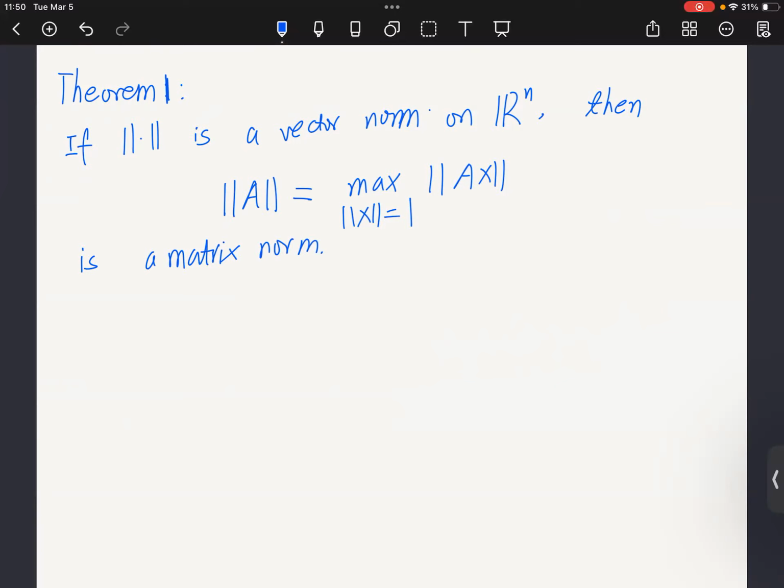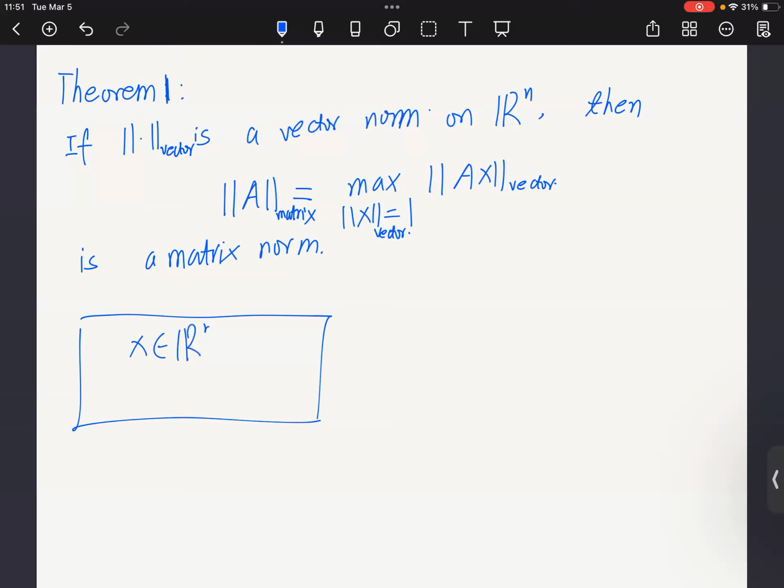So here there are 2 norms. This is the vector norm, and this is the matrix norm defined here. And this is still a vector norm, and this is still a vector norm. Does it make sense? So you have a bunch of X vectors in Rn, right?